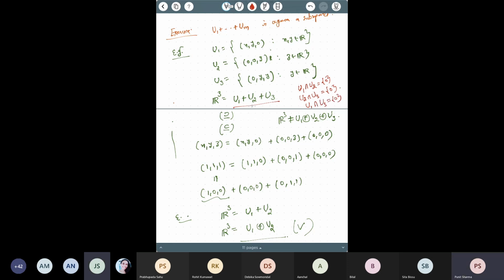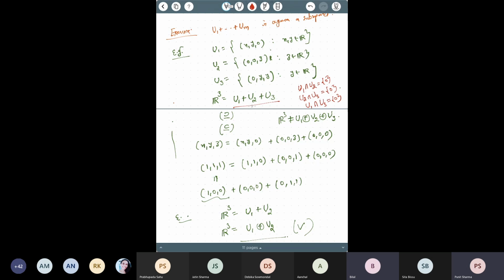And the intersection of these three, U1 intersection U3, is not 0? Why? Sir, it will be 0. The intersection will be 0 because U2 has the element (0, 0, z), and this has (0, y, z), which are not the same element, so that condition will fail.